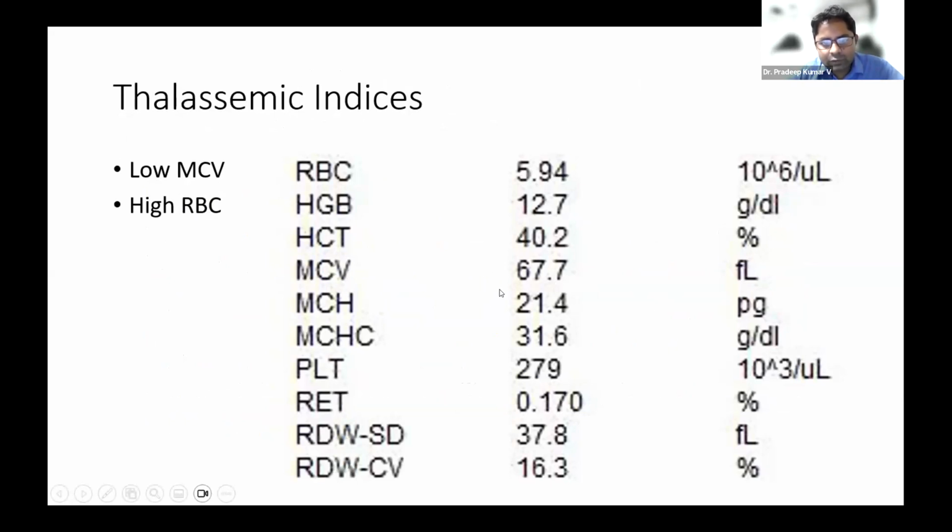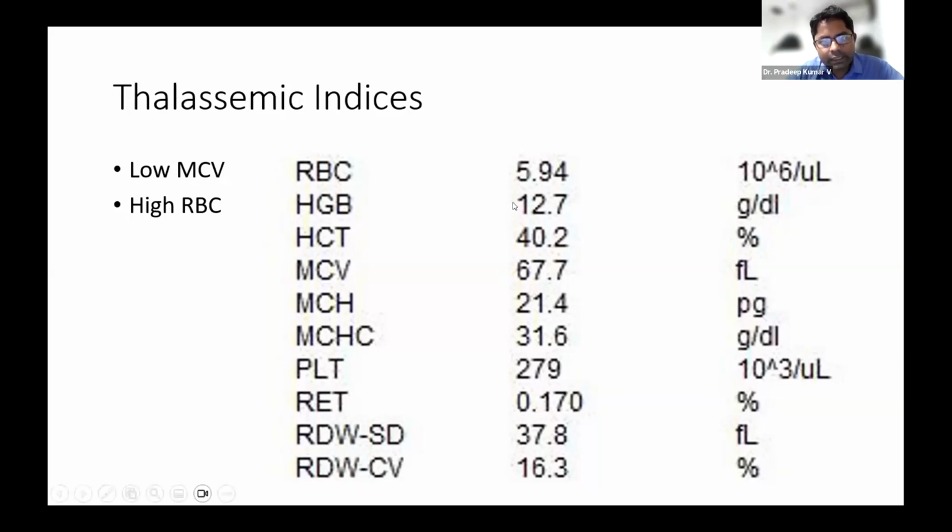With MCV being low, MCH also low, and RBC being higher, 5.5 is the cutoff for a female patient, but in this case it is 5.94, that is high RBC. So whenever you have a low MCV, low MCH, high RBC, with usually a normal hemoglobin or mild anemia, something like 11 or up to 10, even sometimes 9.5.